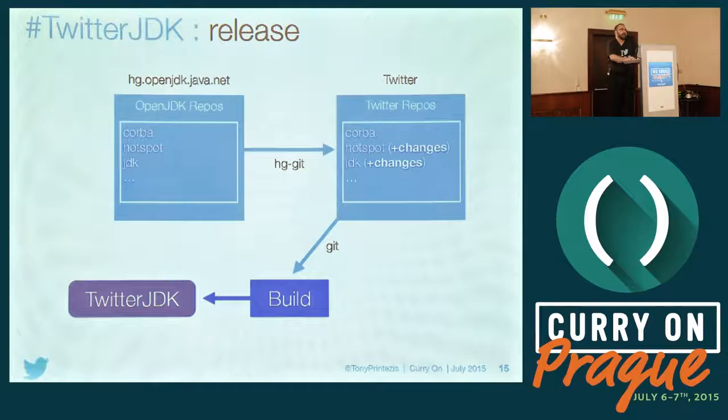It actually works pretty well once you get the right version of Mercurial with the right version of Python and all that stuff. Getting to that point sometimes takes some time, and then we build it and get it in our own repos. We have some extra changes in the code, and boom, that's the JDK that we release.